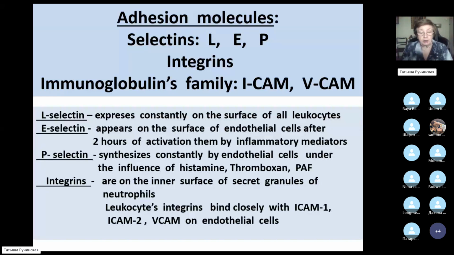Now you see that in neutrophils there are a lot of granules. On the inner part of some of these granules, on the membrane of these granules, are located these molecules, selectins and integrins.